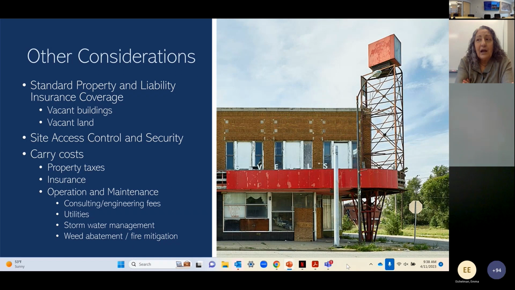smokestack that had become a really popular place for kids to climb to the top of and slide down.